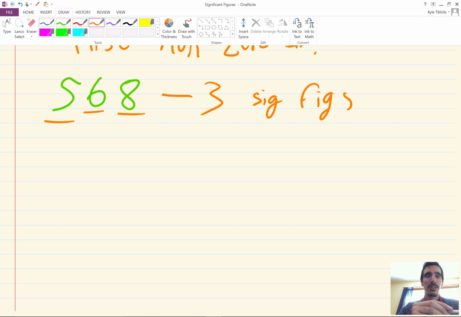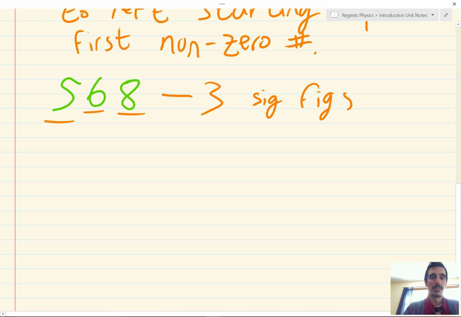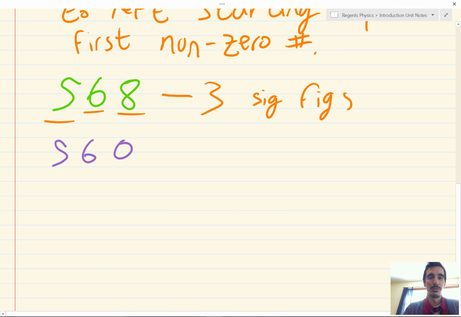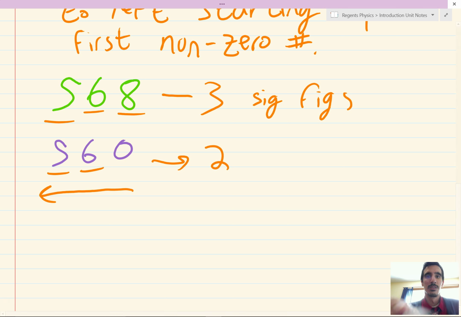Pretty simple. Let's look at 560. Right to left, no decimal, so we start at the 0, but it's a 0, so we have to look at the first non-zero number. So we don't count that one. 6 and 5, again counting right to left. This time there are 2 Sig Figs.